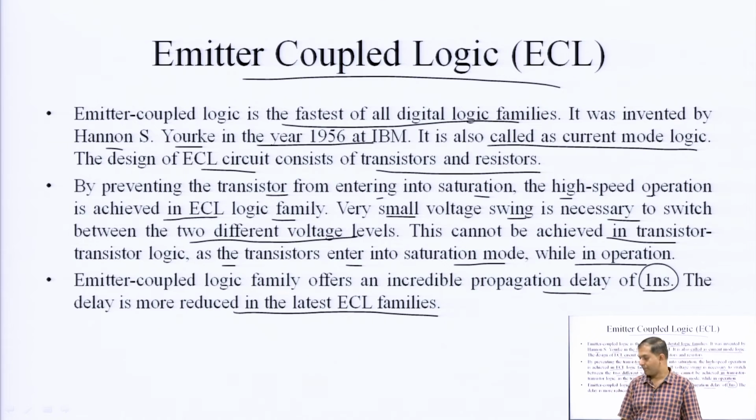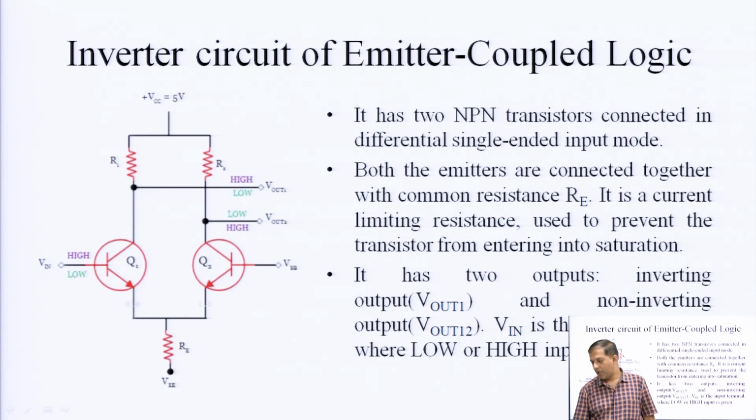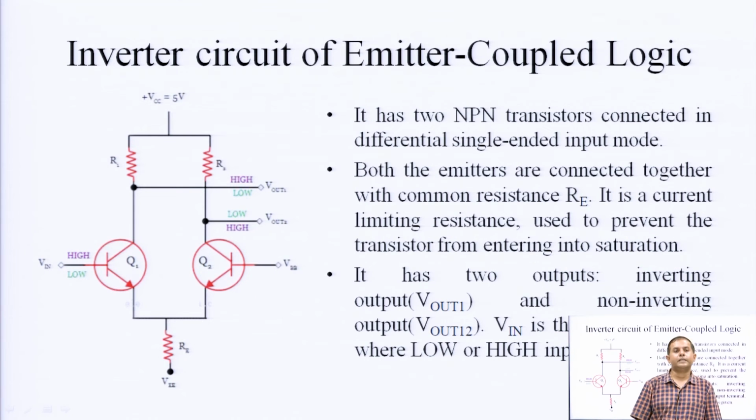Good. So, now we are going to explain the inverter circuit of emitter coupled logic. Here we have supply resistors R1, R2, and here we have taken transistors Q1 and Q2, and this is the emitter resistance.